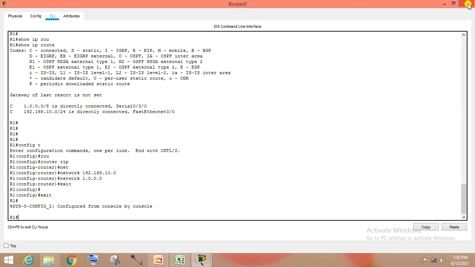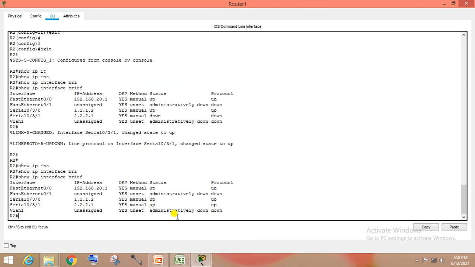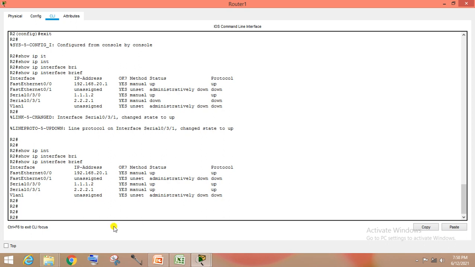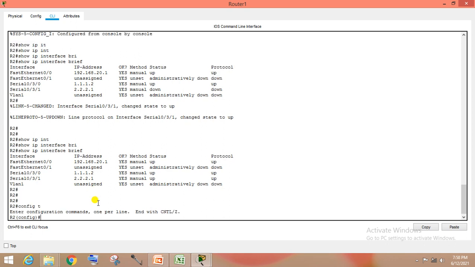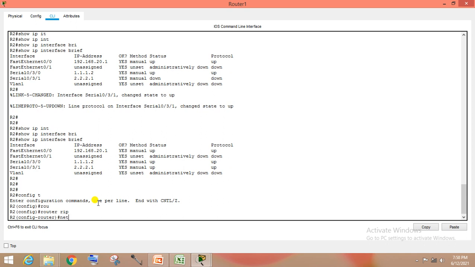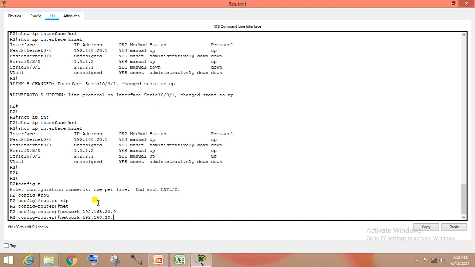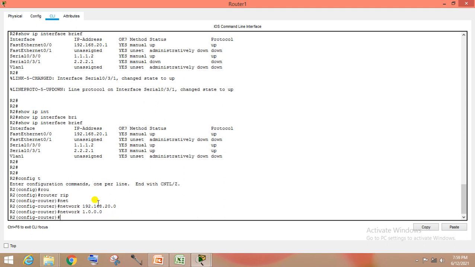Okay, now go to the other router. The same thing I have to do here. It has two networks, 20 and 1. So I am advertising only these networks. Correct. 20.0 and 1.0. The second is 2.0.